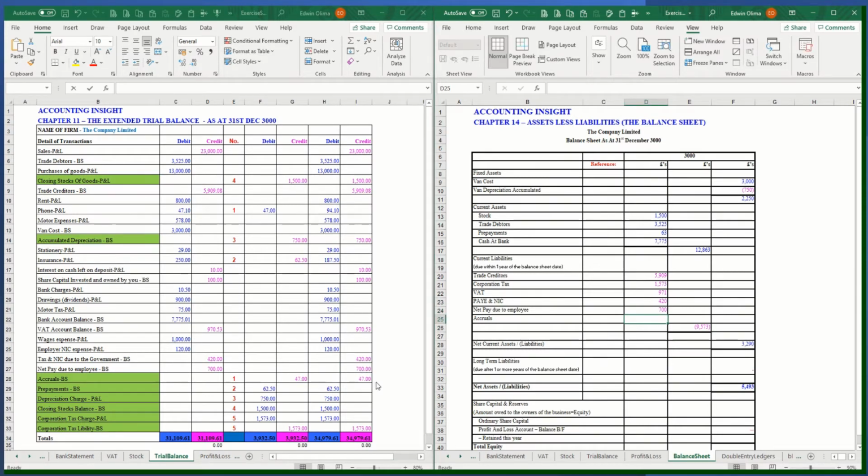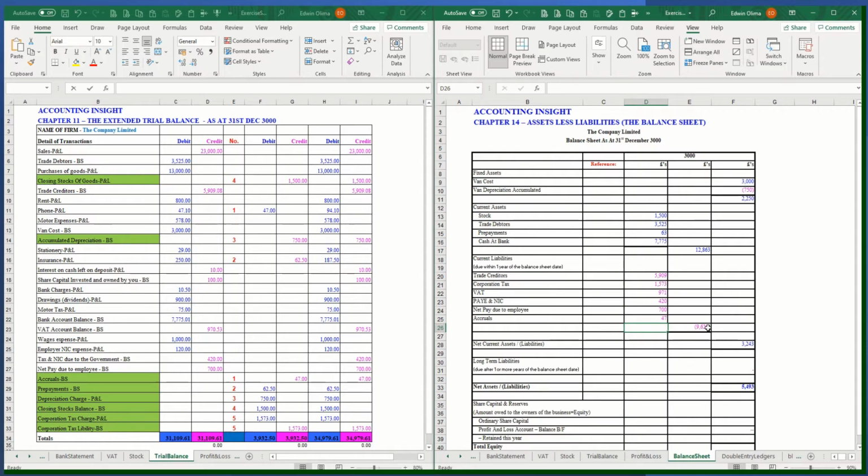Accruals, so where we said we will have spent some money on telephone charges, but we haven't actually received a bill or paid for them, but we know we spent it. So we create a liability for that. It's called an accrual. 47,000. So these are our current liabilities.